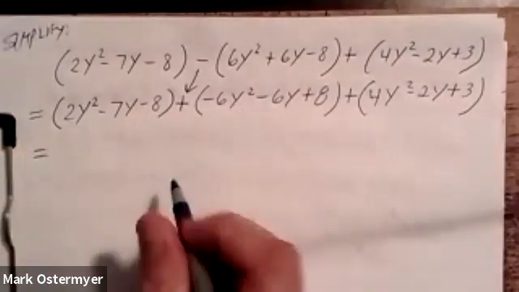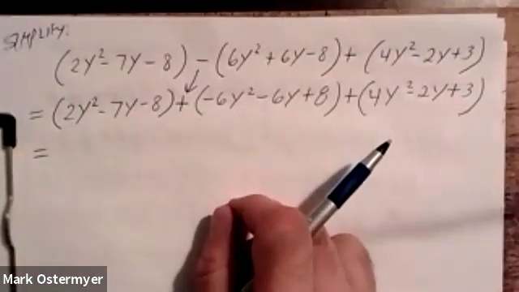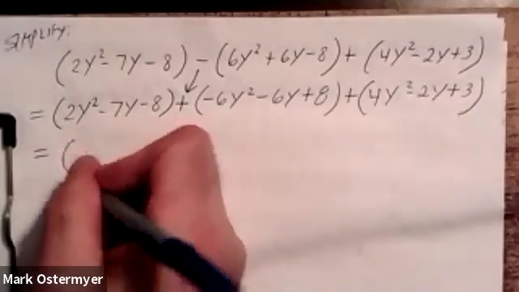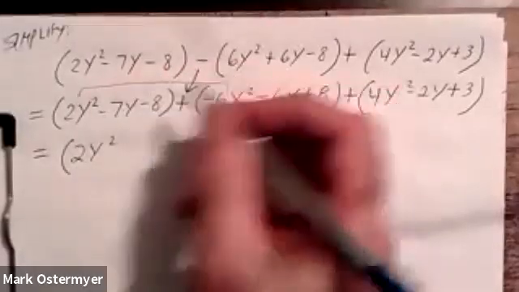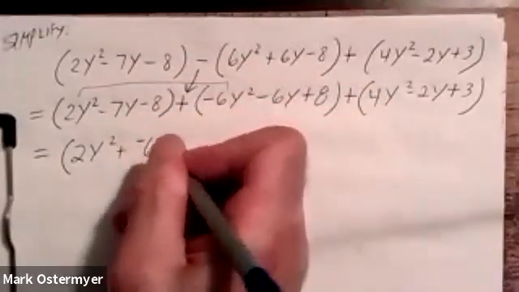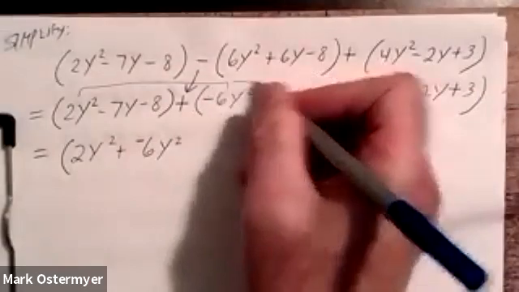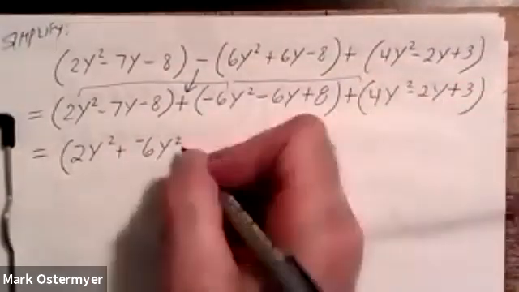Now we're having to add together three polynomials. To do so, we can only add together like terms. So this 2y squared will get added to negative 6y squared, and that will get added to a 4y squared.